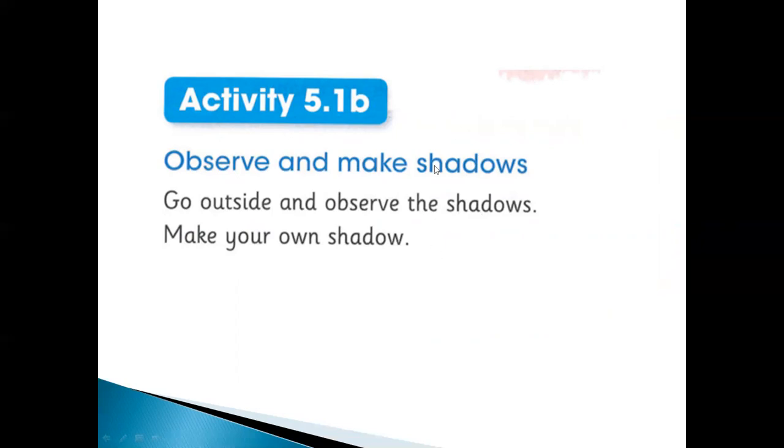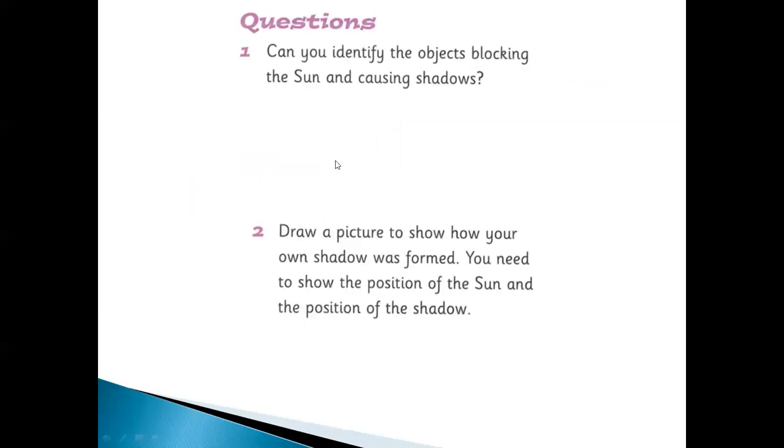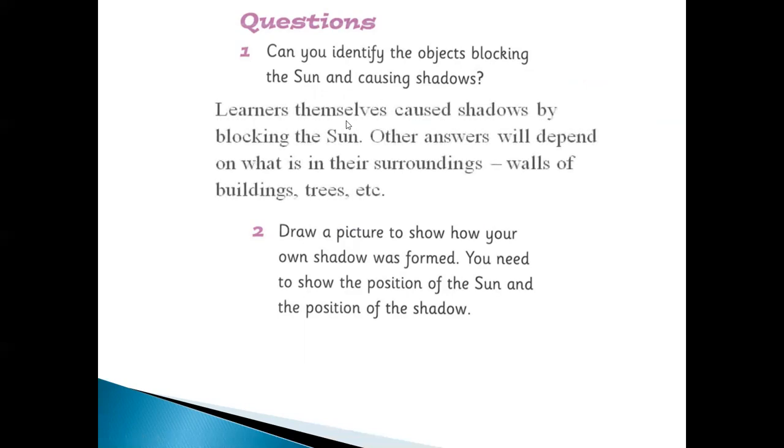Any object, any material, you can see its shadow behind it if there is sunshine in front. Can you identify the object blocking the sun and causing the shadow? Answers will depend on what is in your surroundings: a wall, a building, trees, different things according to where you go outside.